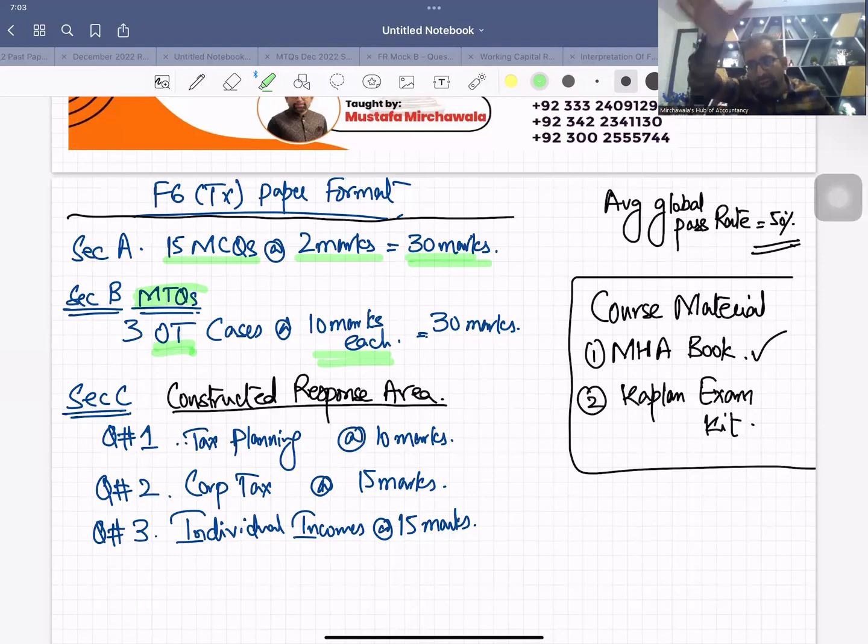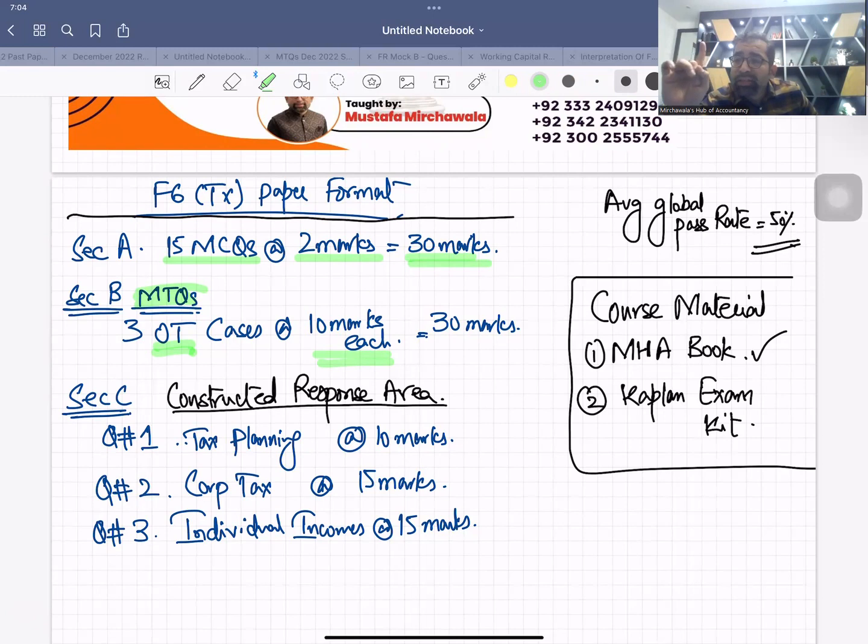First of all, you will have a story or discussion, and then you have 5 MCQs related to that story. So now here you will have 3 OT cases, and in each OT case you will first have a story or discussion, and then you will have five MCQs related to that story. So now just think about it. There are 3 OT cases of 10 marks each.